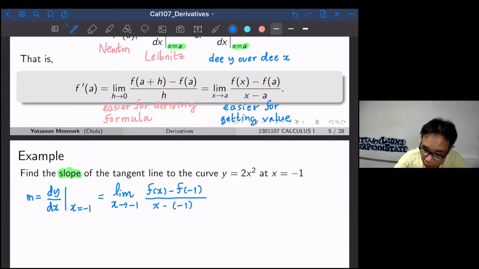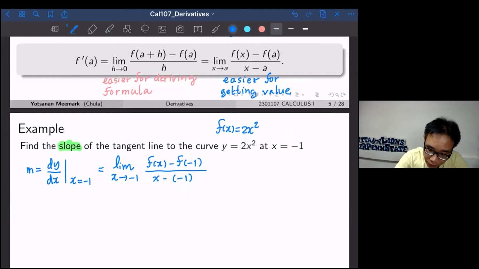In this case, your f(x) turned out to be 2x squared. So you have limit x goes to -1 of 2x squared minus 2(-1) squared over x plus 1.